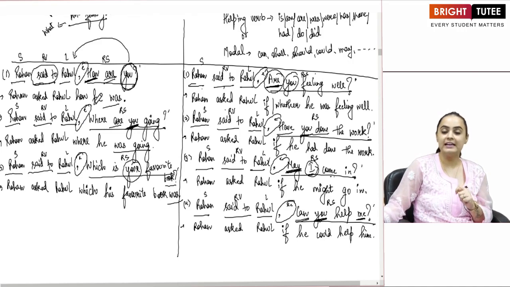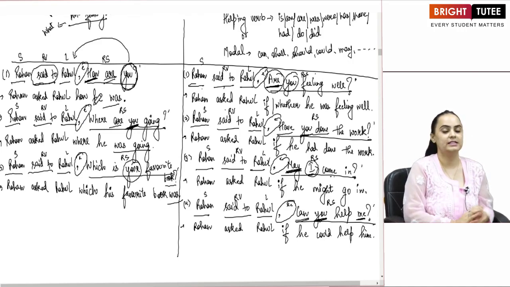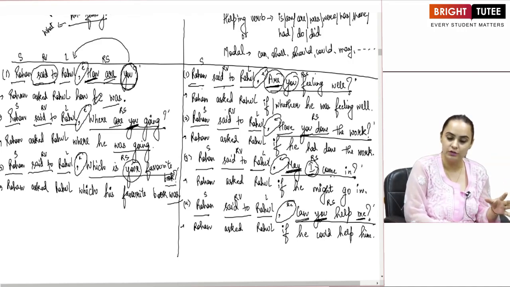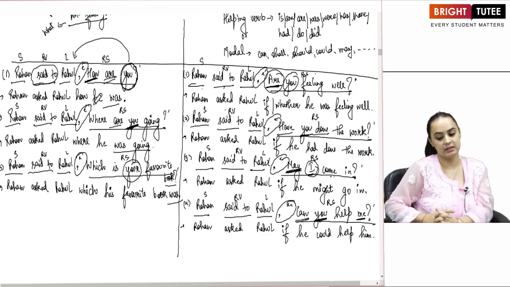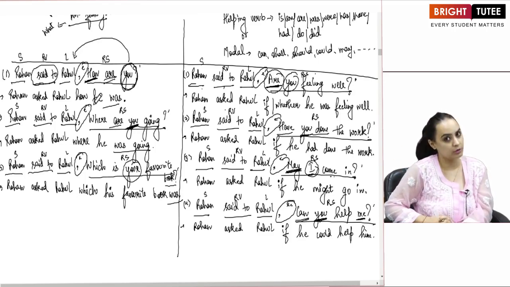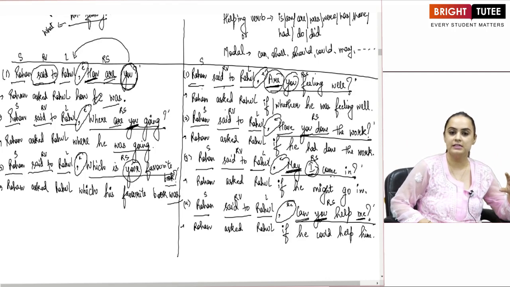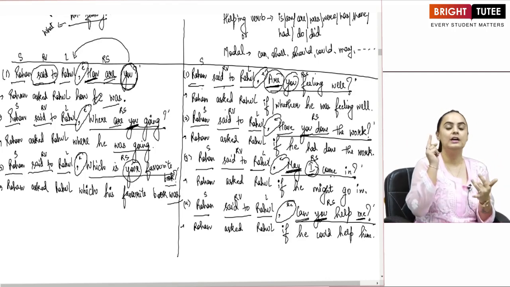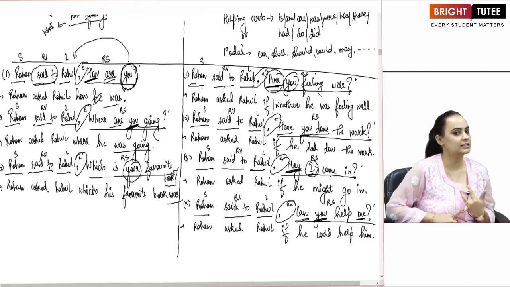So what did we learn? Interrogative sentences can either begin with a WH family word or with a helping verb or a modal verb. If the sentence begins with a WH family word, then obviously we will not write "that." In interrogative sentences, we never use "that."